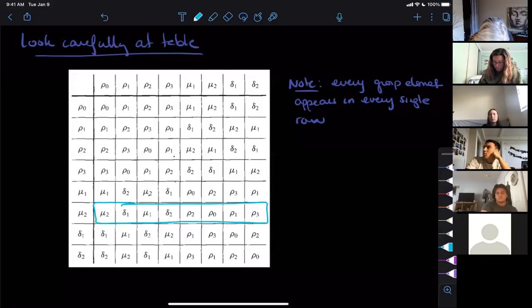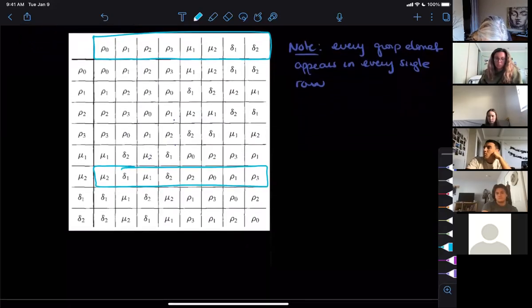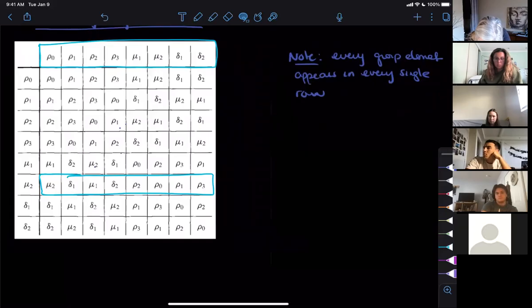This row is a rearrangement of the original set. This row, let's all move together. This row represents the permutation.